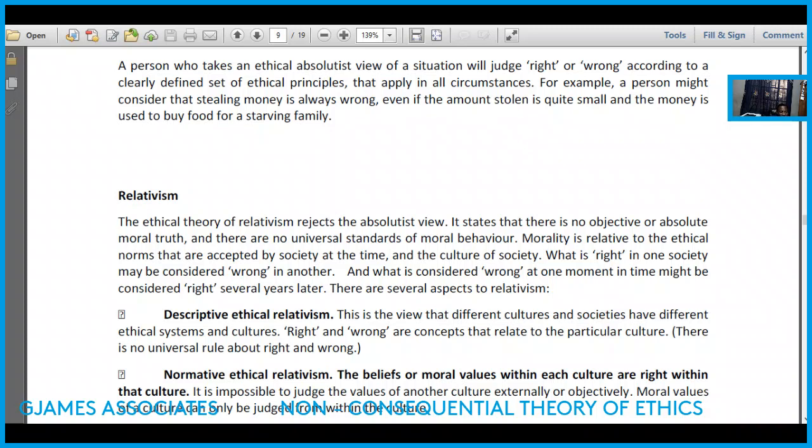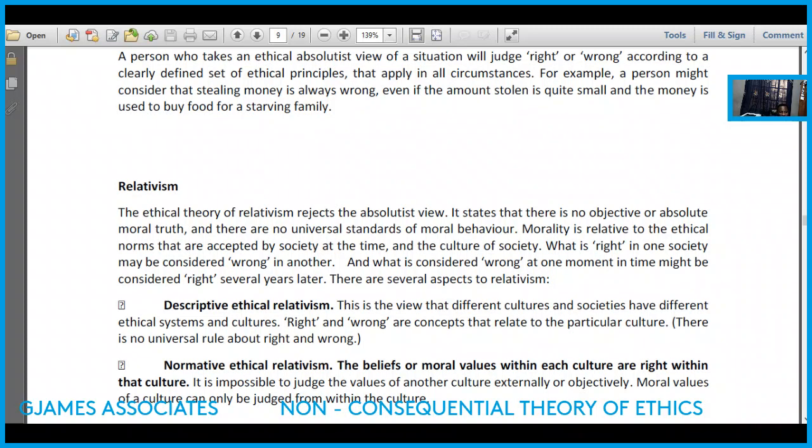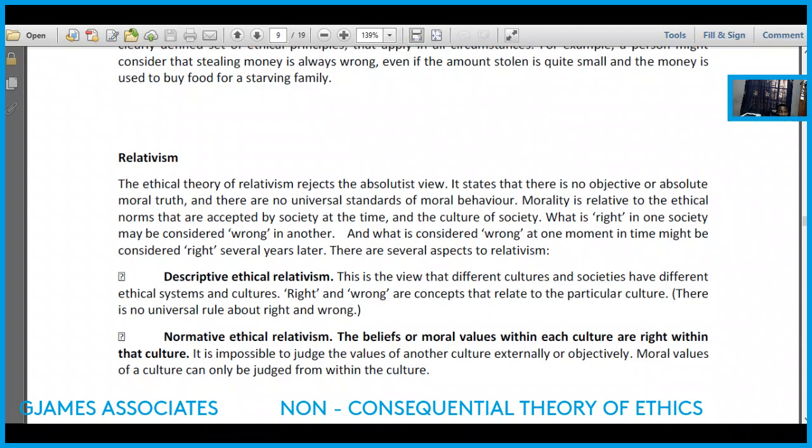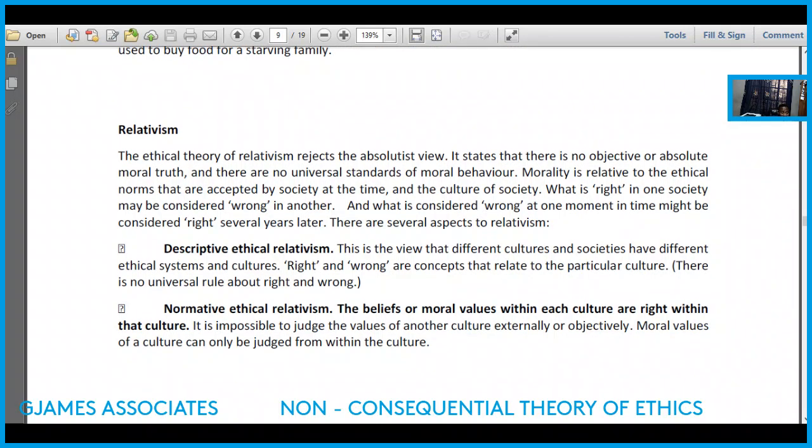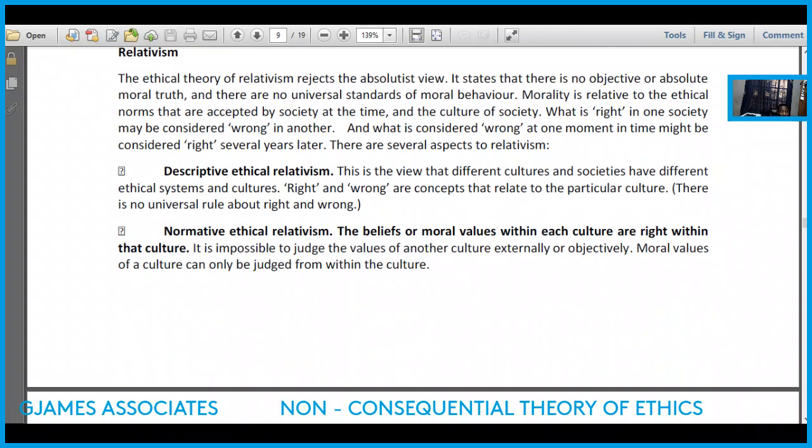So relativism is saying that an action or inaction is morally right or morally incorrect based on the situation the actor finds himself in. So morality is relative to the ethical norms that are accepted by the society at a particular time.